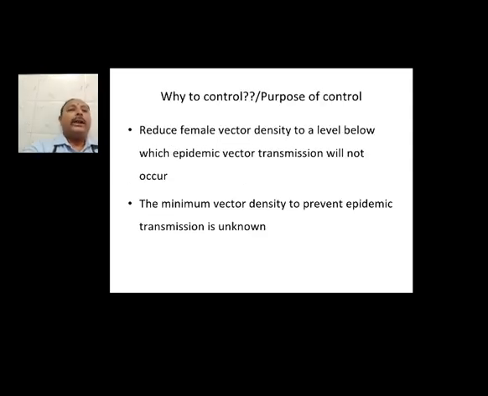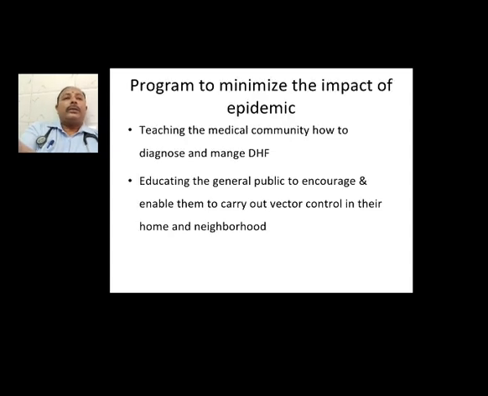Why control? The purpose of control is to reduce female vector density to a level below which epidemic vector transmission will not occur. The minimal vector density to prevent epidemic transmission is unknown.